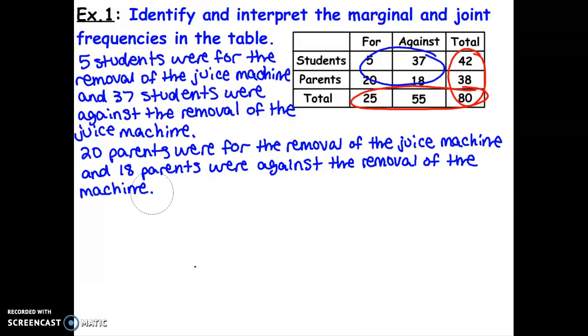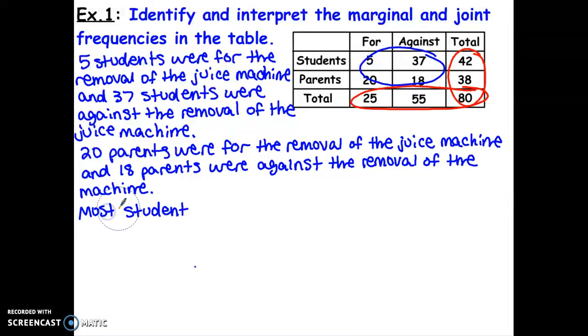So looking at this, let's go ahead and interpret. What we can interpret looking at this 5 and 37 is that more students, or not more, I'm sorry, let's do most, because we're just looking at the students, we're not comparing them to anything.